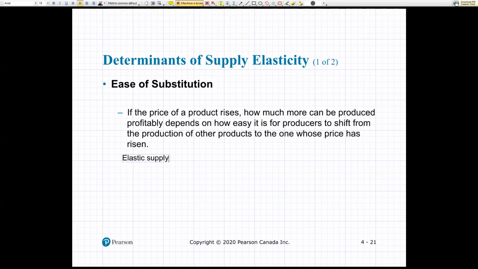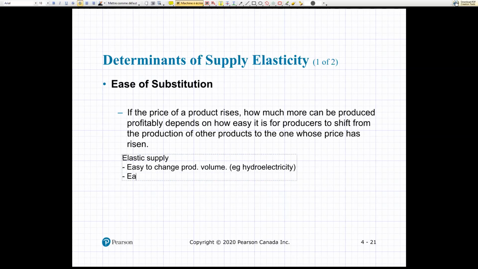You get an elastic supply if, for instance, it's easy to change the production volume. For instance, hydroelectricity: it's very easy to just let more water pass through the dam so that you generate more electricity.